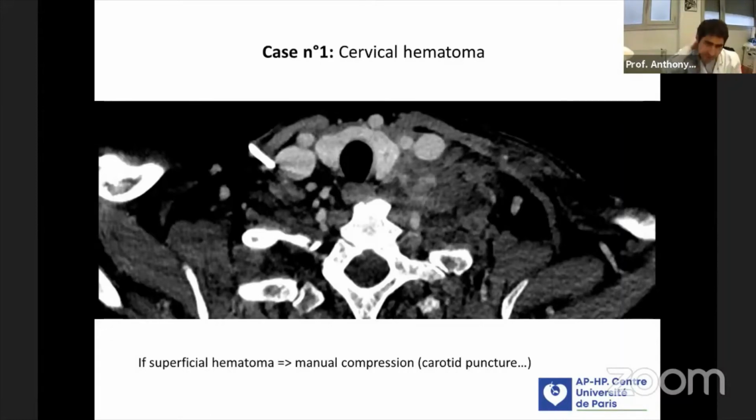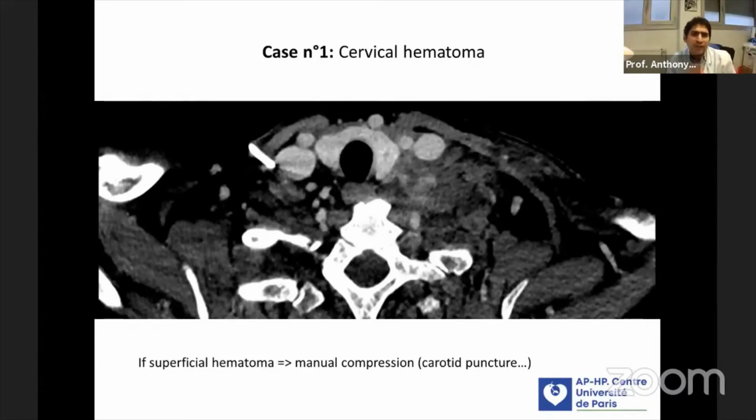However, sometimes it's not sufficient, and here you have a case of a patient who had a cervical hematoma. You can see that the puncture was on the left side, and the hematoma is behind the jugular vein. One of the reasons why it may happen is that there is a technique to puncture the vein that transfixes both walls of the vein, and in this case you can make an injury behind the vein.